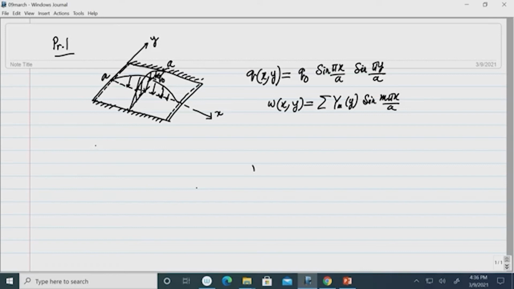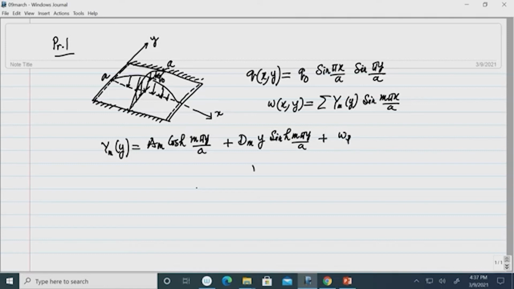So, the differential equation that we need to solve, that I illustrated, and the solution is Y_m(y) equal to A_m cosh(m pi y by a) plus D_m y sinh(m pi y by a) plus particular integral. Now, the particular integral has to be found in that case, because it is not a uniformly distributed load. So, the result is known to us.